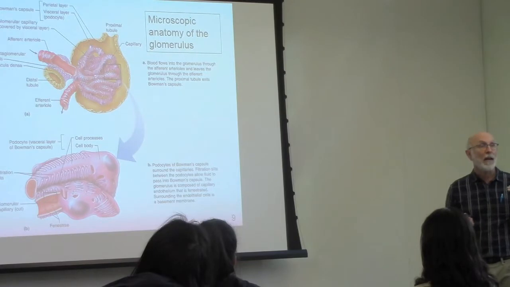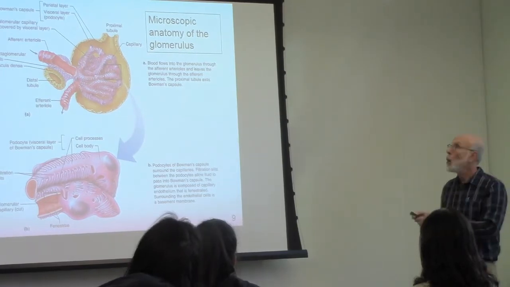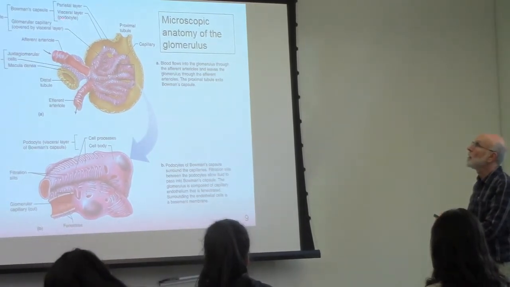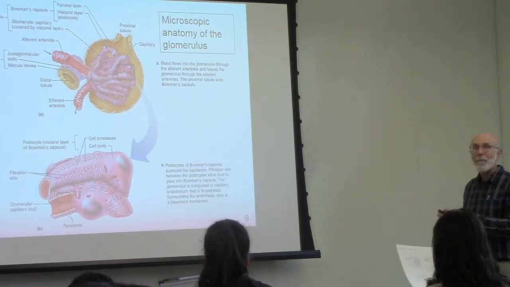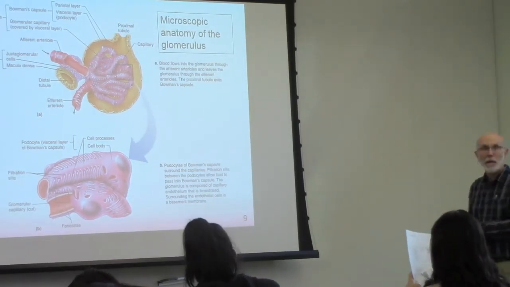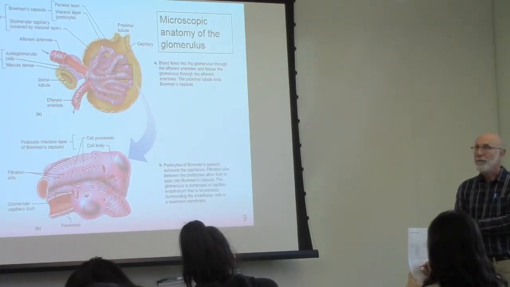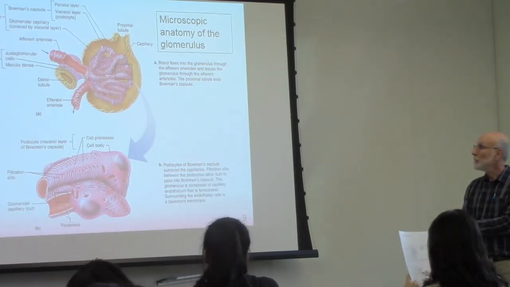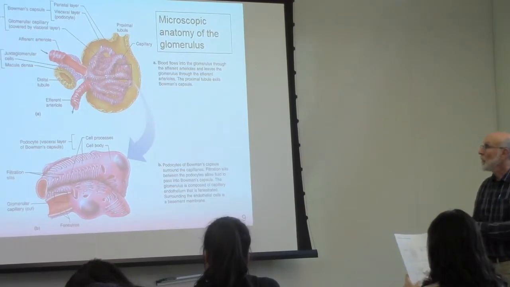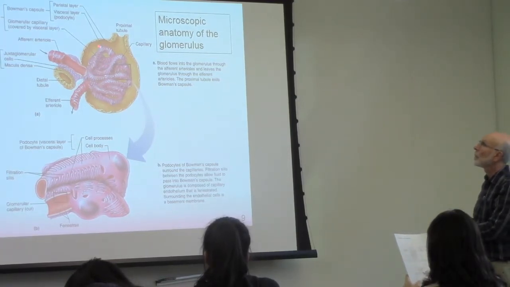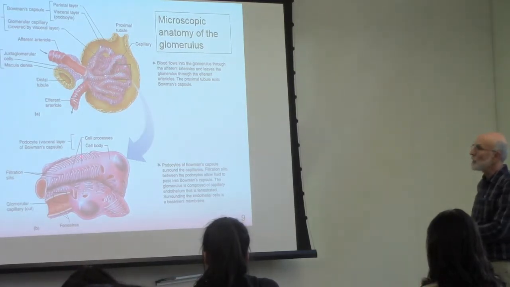So that's a cell name that I do want you to know. Podocytes are cells that wrap the glomerular capillaries. The zoom in is here.